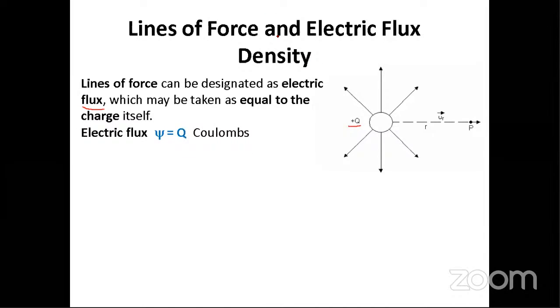So electric flux, or the number of flux lines, equals the magnitude of the charge, and its unit is coulombs. Like magnetic flux lines, the number of electric flux lines for a particular charge is denoted by psi, which equals the magnitude of the charge.